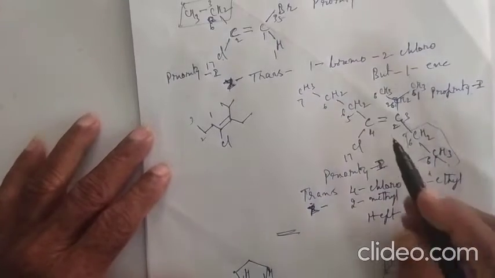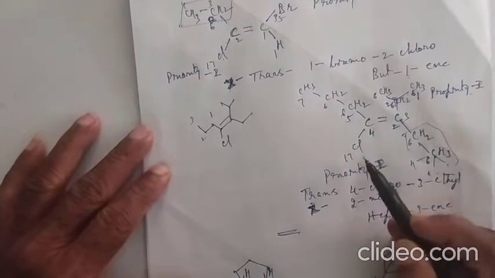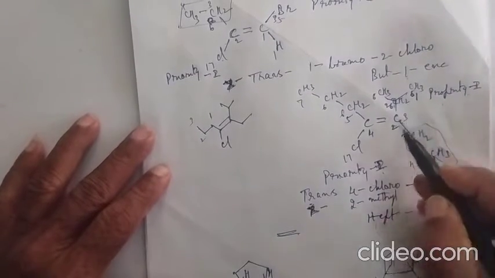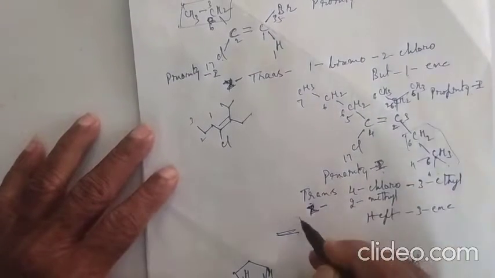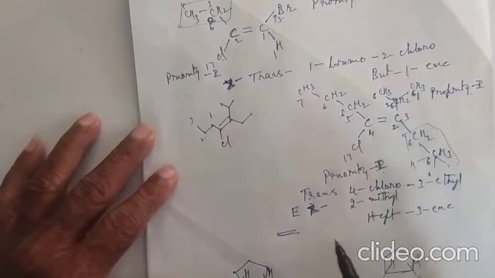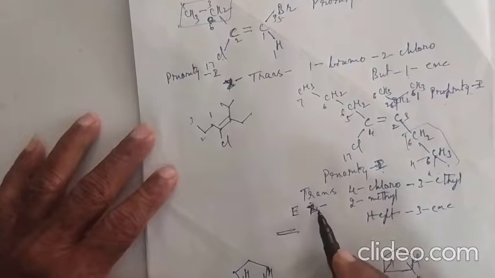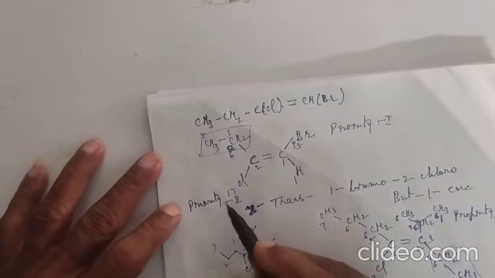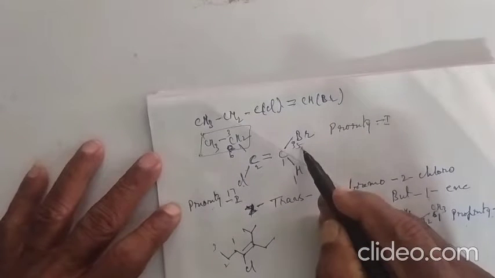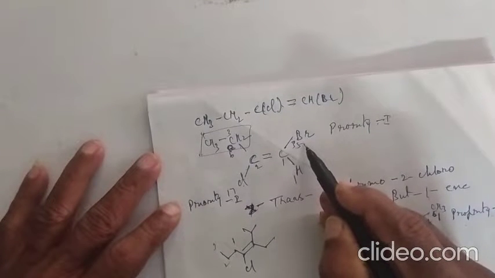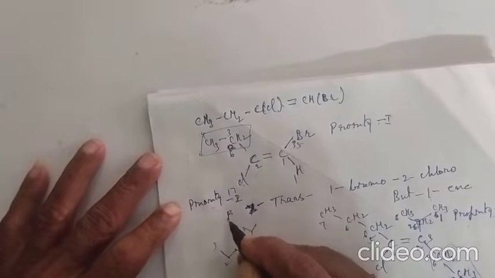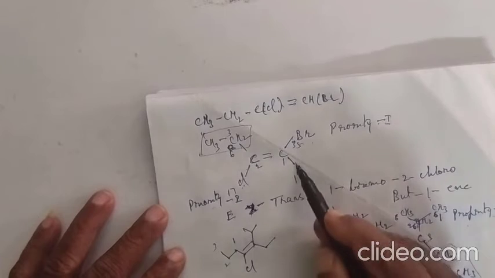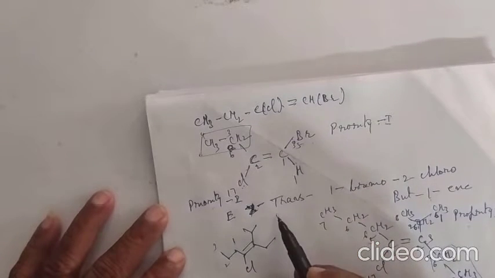So here in this structure, priority 1, the priority groups are on opposite sides. As priority groups are on opposite sides, this is E configuration. E configuration is similar to trans isomer.